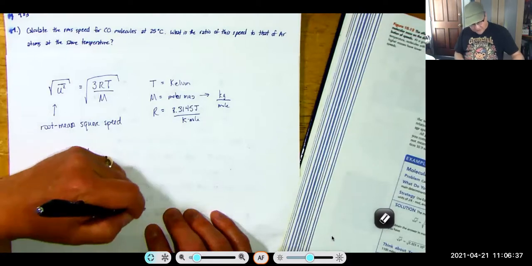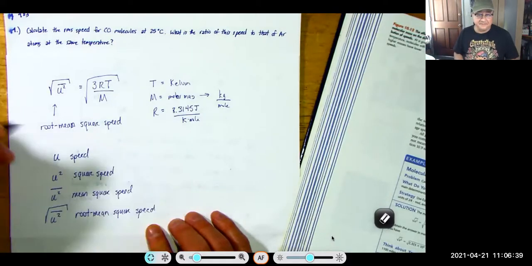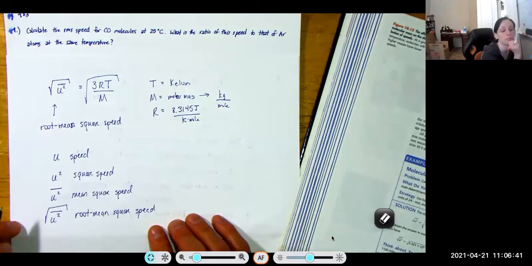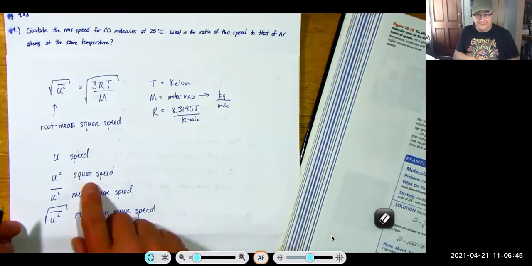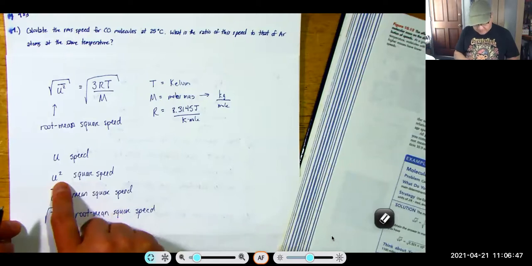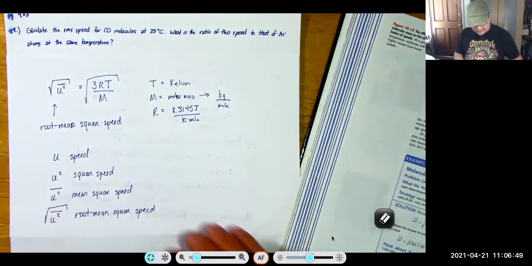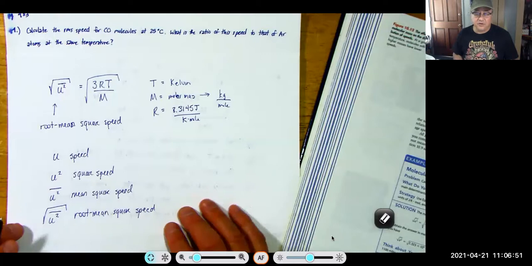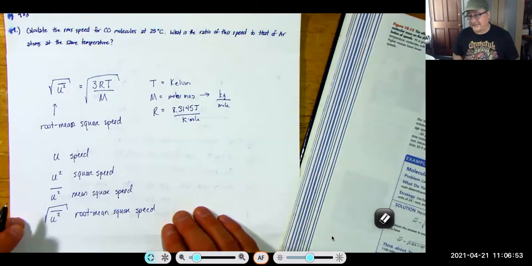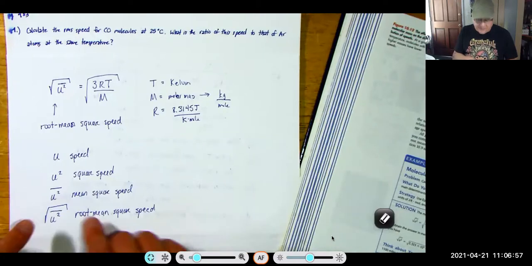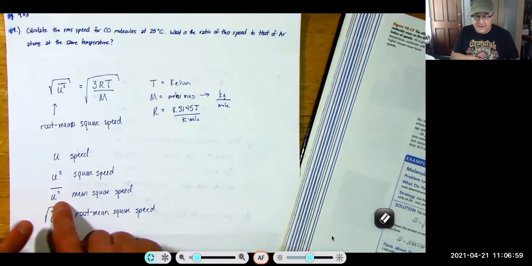So that's the origin of each little part here. Okay. So square means squared, right? Yeah. And what does mean mean? What's another word for mean from statistics? Average. So you square all of the speeds and then you average them.